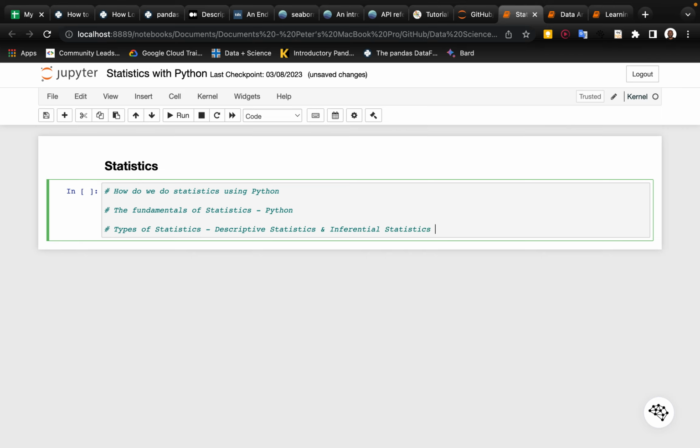We're going to start from scratch, which makes this really easy for folks who are trying to start off with statistics in data science, because it's important for the discipline of data science.